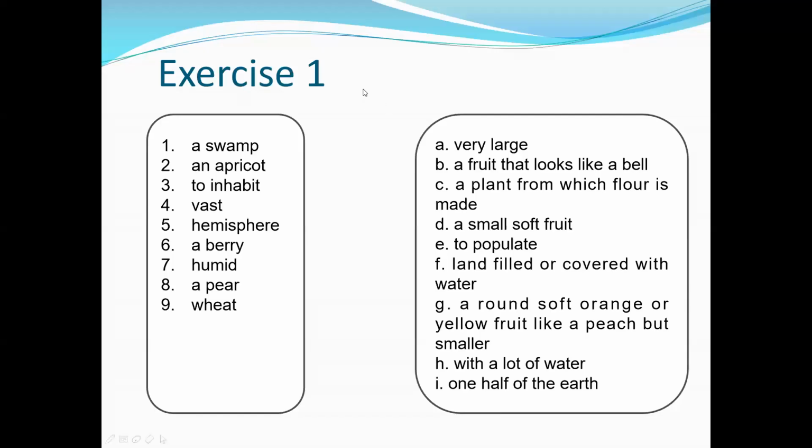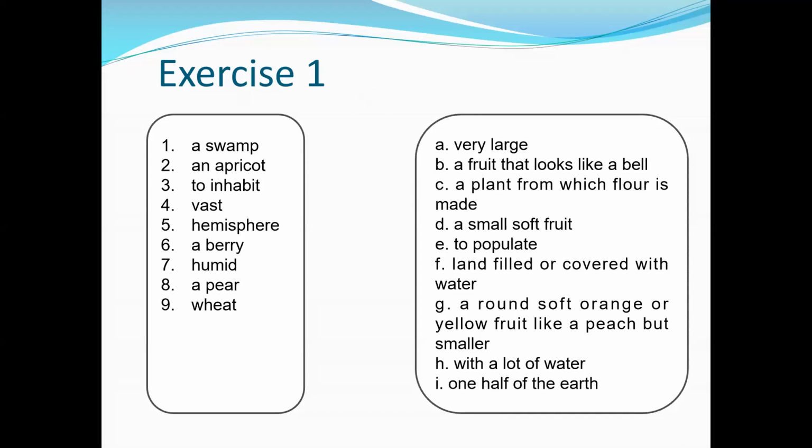So let's make exercise. The task is to match words and their definitions. The words are a swamp, an apricot, to inhabit, vast, hemisphere, a berry, humid, a pear, wheat.